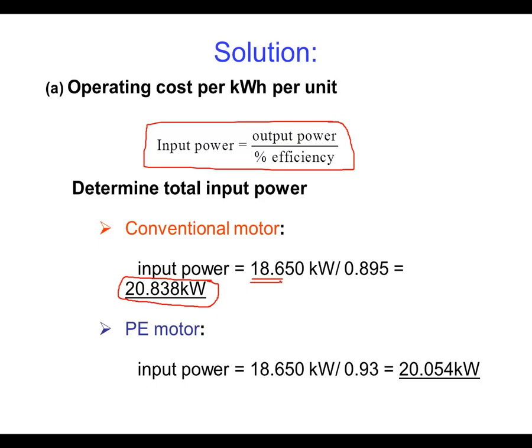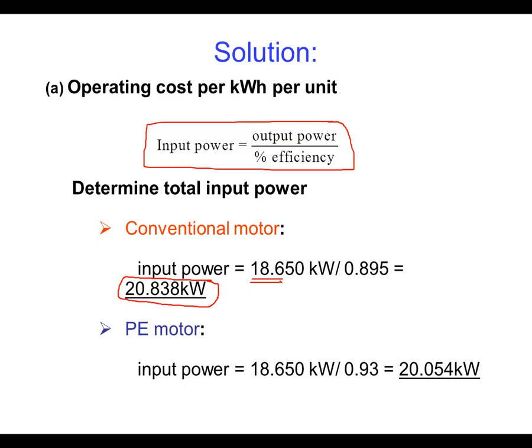So the actual input power will be almost around 20 kilowatts, although the output that we saw was 18. Due to efficiency there is an increase in the power needed to run that motor, so I need more power as an input, which is 20.8, just to be able to run it with an efficiency of 89.5%.